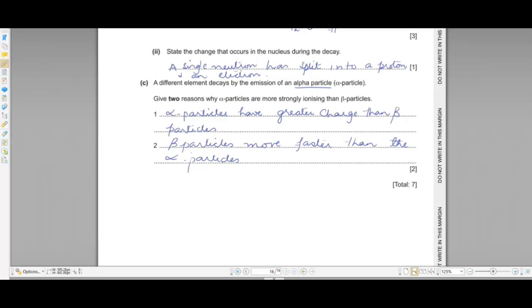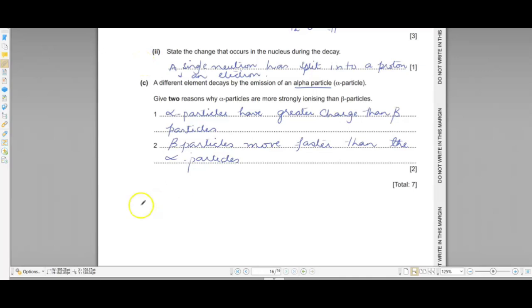The alpha particle loses a little bit of its energy, and it must ionize thousands of molecules before it loses all of its energy and comes to a halt. So alpha radiation is the most strongly ionizing radiation, because it moves slower than the beta particles as well as the gamma particles. So you may write these two reasons.